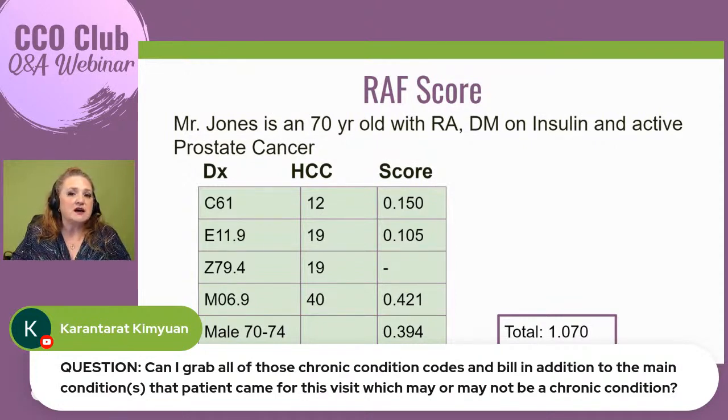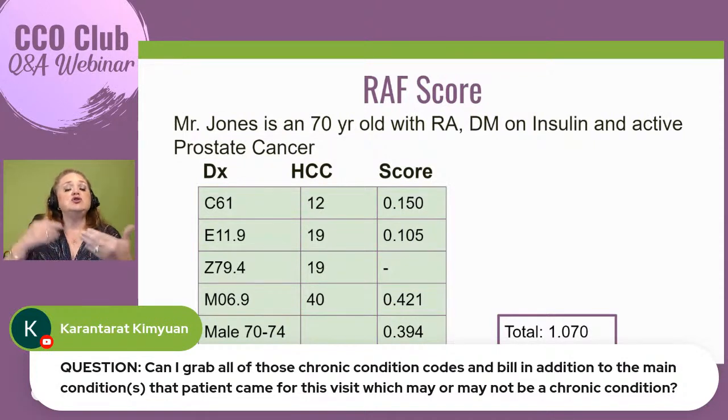Well, if he's coming to have his A1C, he's getting the information about his A1C, and they're talking about his diabetes, and they talk about his prostate cancer, because say, yeah, continue to follow up with your prostate cancer with your oncologist, but they don't even mention the rheumatoid arthritis because he doesn't take medication for it, and he hasn't had a flare in a very long time. It's well controlled, and so they don't even bring it up that day, but it's on the problem list, right?